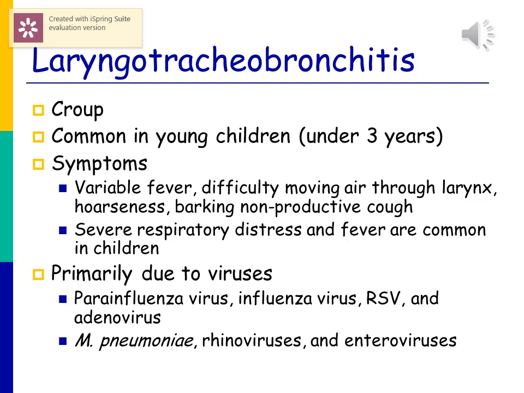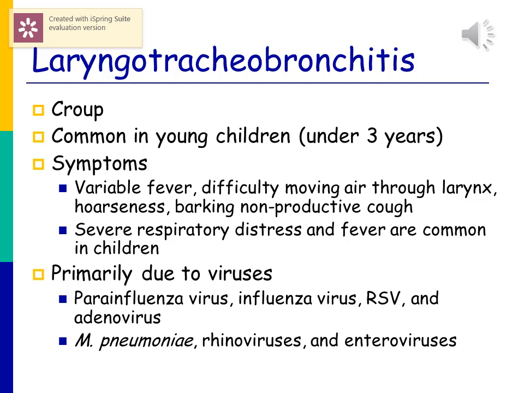Laryngotracheobronchitis, this is also called croup. This is more common in children under 3 years of age, and the symptoms include possibly a fever, difficulty moving air through the larynx, so maybe a wheezing, difficulty breathing, hoarseness, and a barking, non-productive cough.